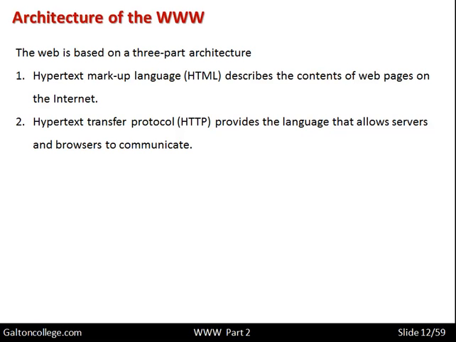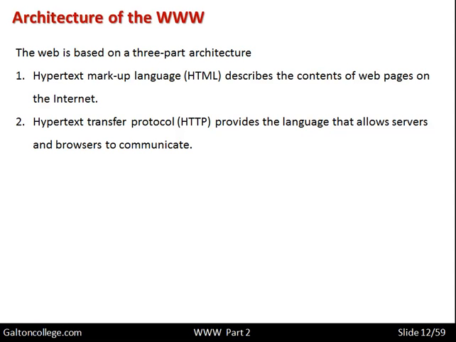Also part of the architecture is the hypertext transfer protocol, HTTP. This provides the language that allows servers and browsers to communicate. So now we have a connection. The connection is through this particular protocol. The servers, these are the machines that serve up the web pages, and the browsers, which is what we use on our laptops or desktops or whatever we've got.